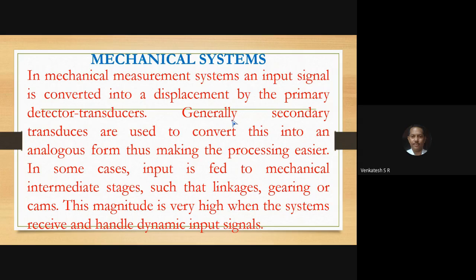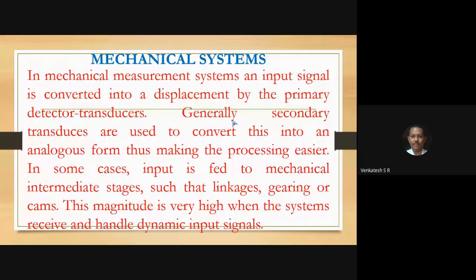The input signal is received by the intermediate modifying system, where that signal is amplified, converted, and again sent to the third stage or final stage where you are measuring the system. If it is temperature, it is in degree centigrade. If it is pressure, that is in kg per millimeter square. If it is speed, that is in RPM.